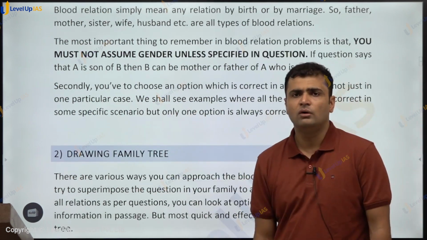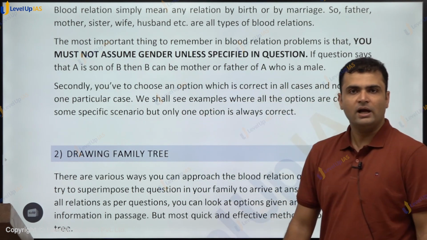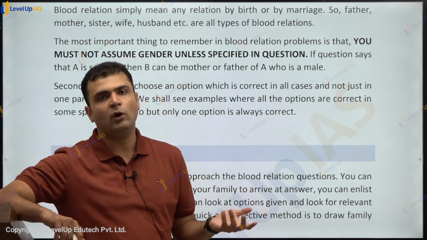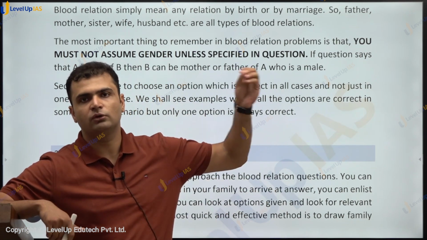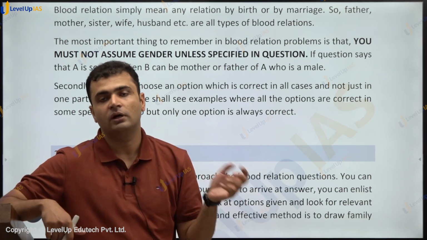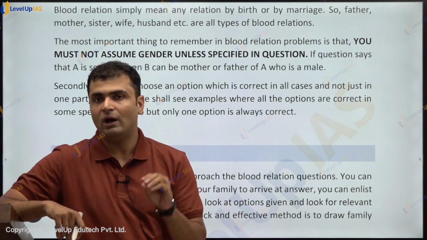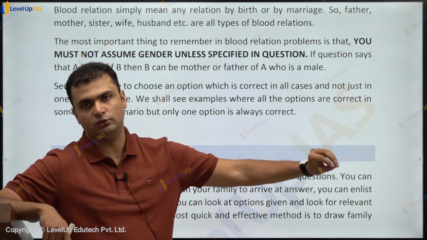Secondly, whatever option you choose has to be correct in all cases and not just in specific cases, because you may have multiple possible family trees and multiple possible scenarios where relations can differ. And that could be there in the options as well. But you have to choose an option which is true in all such scenarios, not just one.